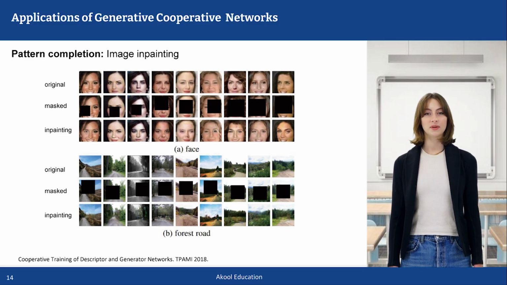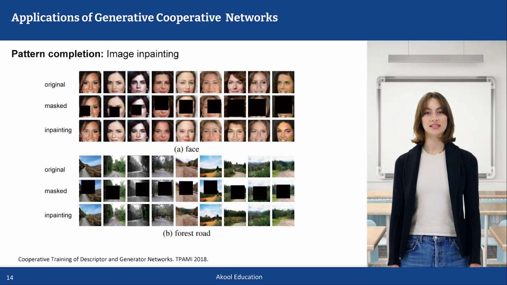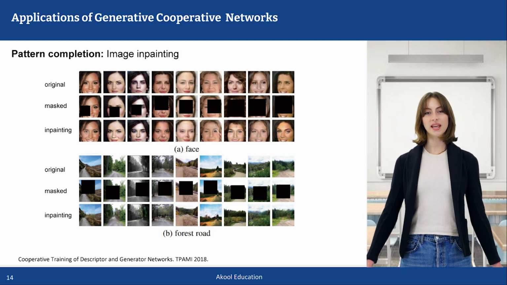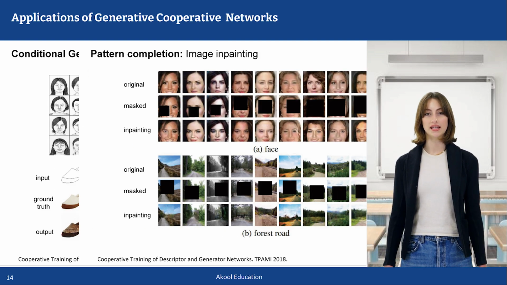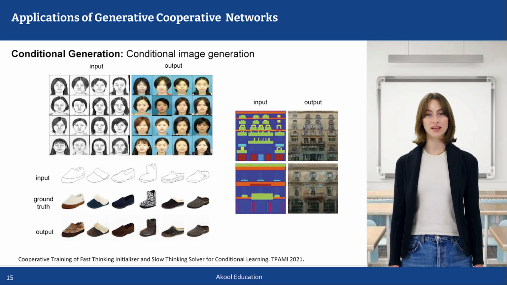This initial output is then passed to the descriptor, which further refines it through a few steps of Langevin dynamics, resulting in the final inpainted image. As you can see in the examples, the model effectively fills in missing regions, generating content that is both plausible and contextually consistent.